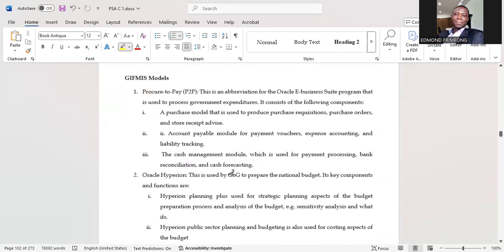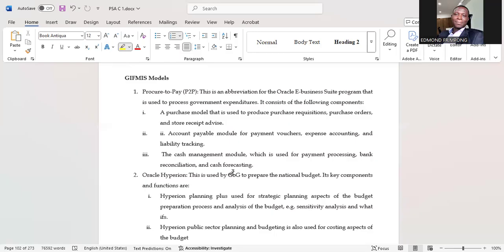What are the models of Gifmis? Very, very important. I think they've asked this somewhere before. So the Gifmis models: when you log onto the Gifmis platform, what are some of the models you see on the interface that you can click to do something or to do a work?